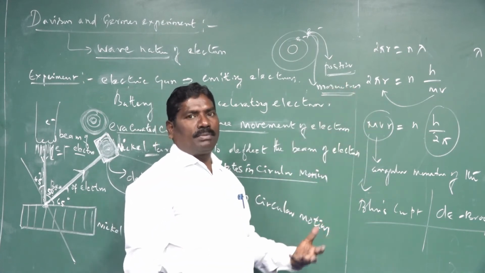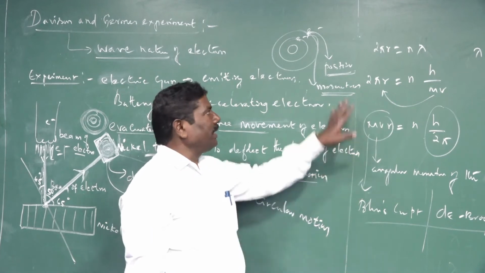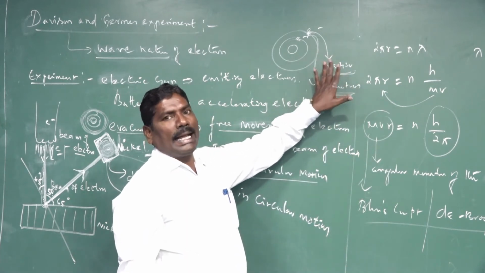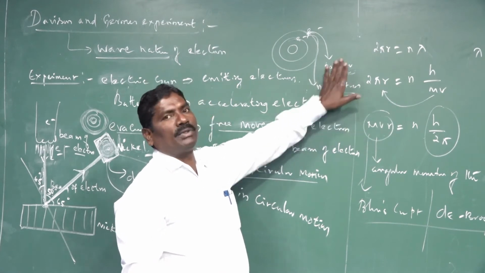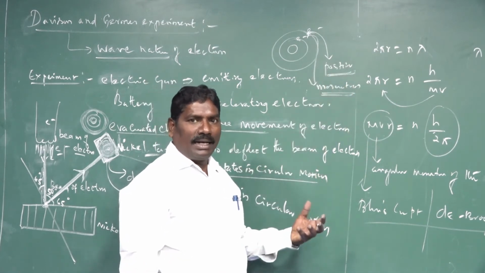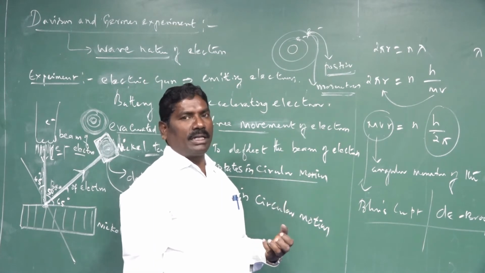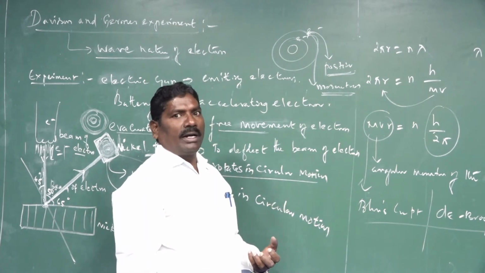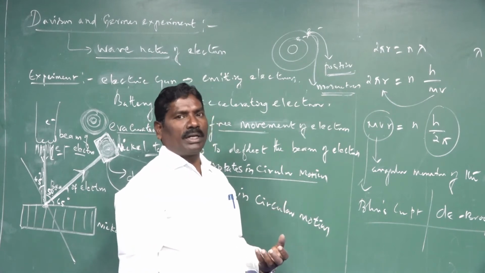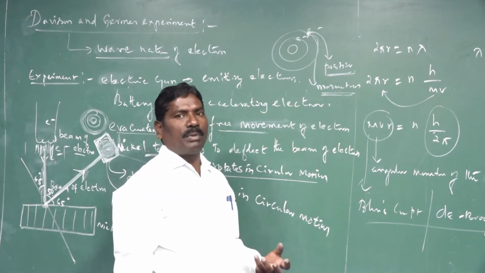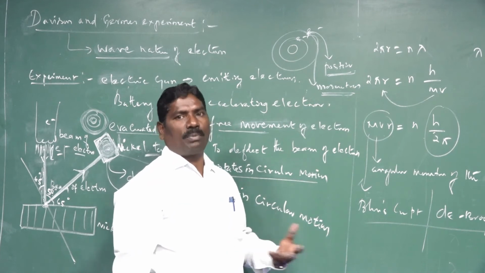According to Heisenberg, it is impossible to calculate the position and momentum of such particles with certainty. For microscopic and submicroscopic particles, we cannot calculate position and momentum in a circular path.